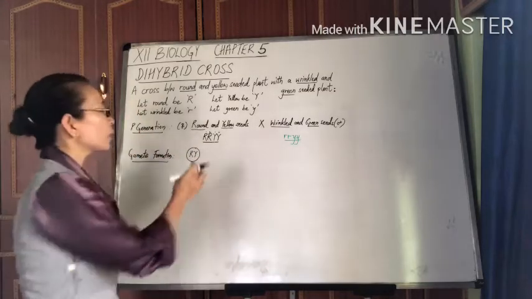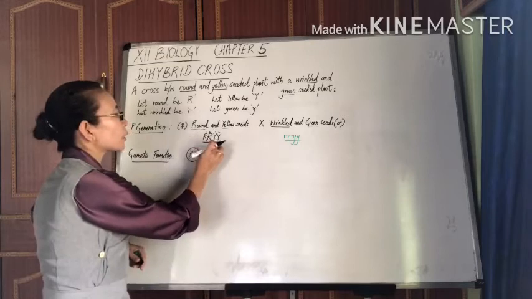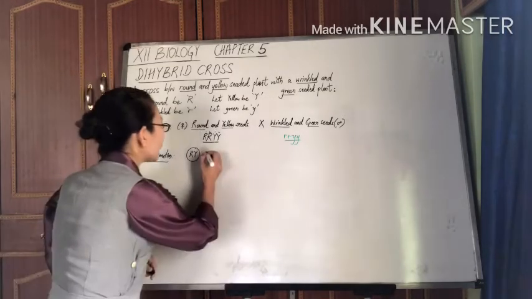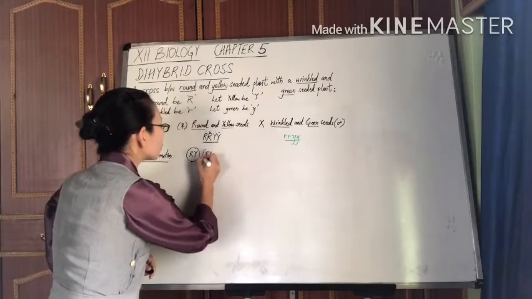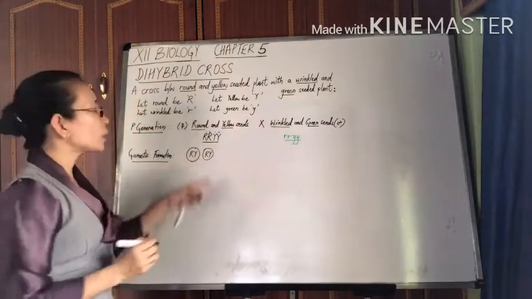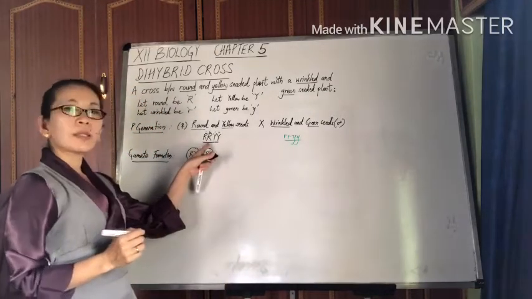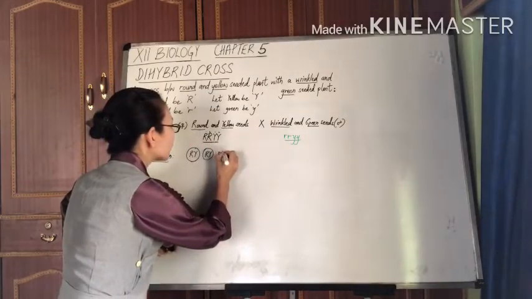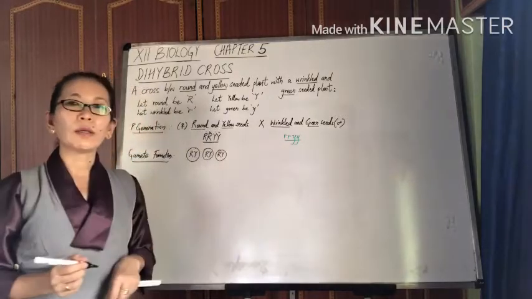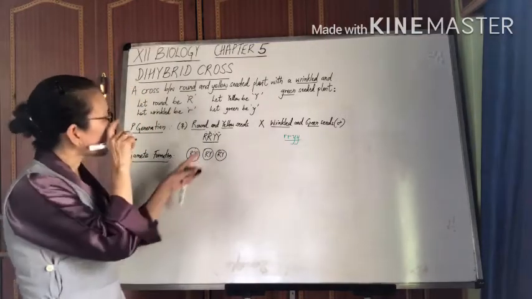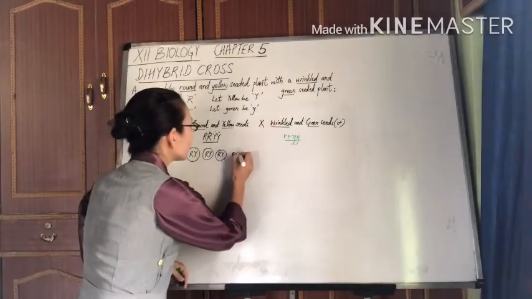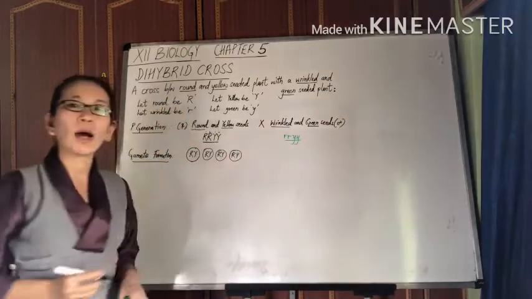Likewise, we can have the first R combining with the second Y and forming another gamete, which is also RY. We can have our second R combining with the first Y, resulting in another RY. And then the second R going with the second Y, forming another RY gamete.